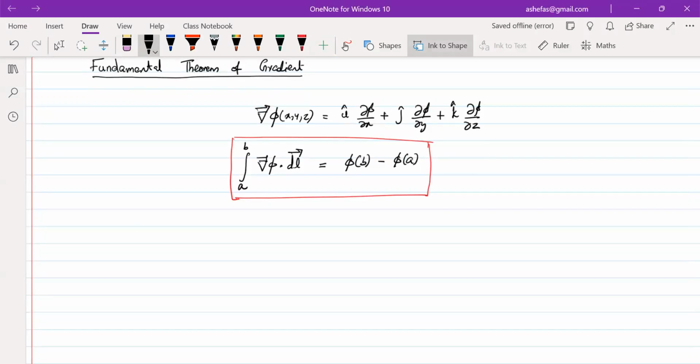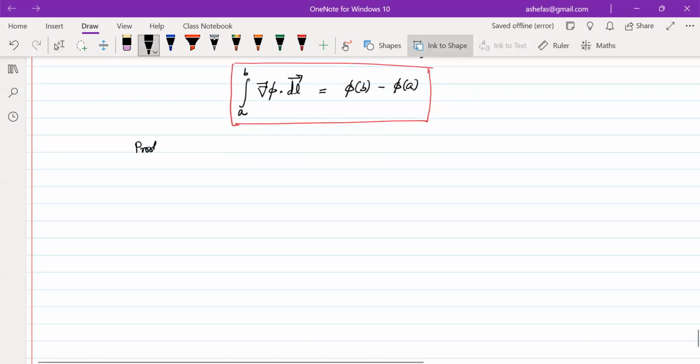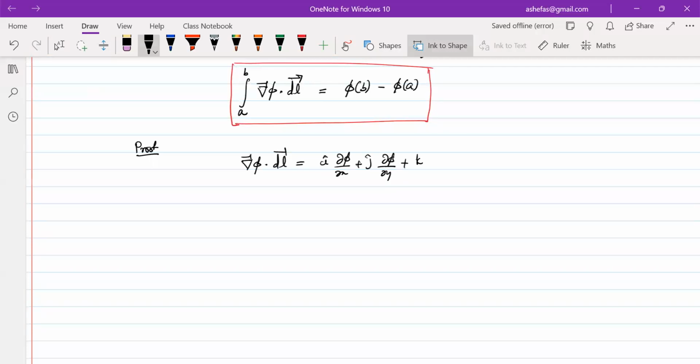Okay, so we can prove it. So del phi dot dl can be written as i times dou phi by dou x plus j times dou phi by dou y plus k times dou phi by dou z, dot dl.